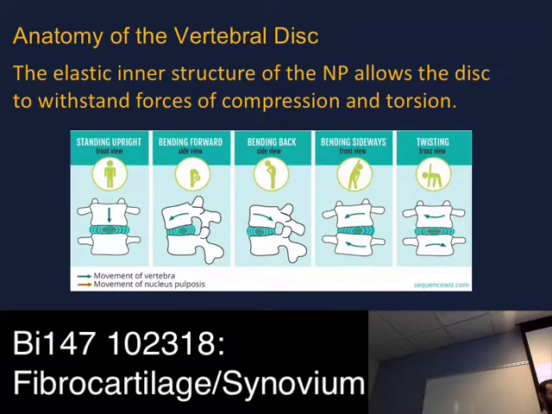The nucleus pulposus is pushing out to the sides, and the fibrocartilage is getting compressed this way, but it's being pulled this way by the force pushing from inside the disc. When we do a forward bend, this is anterior, this is posterior in this cartoon. When we bend forward, we squeeze the front of the disc and release pressure on the back of the disc, the posterior margin. And that gel pushes posteriorly.